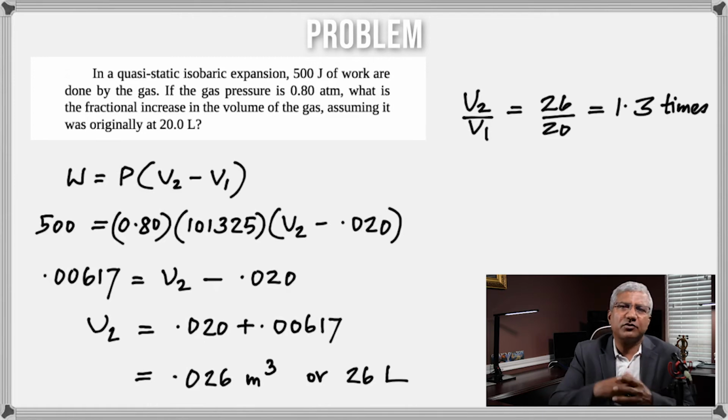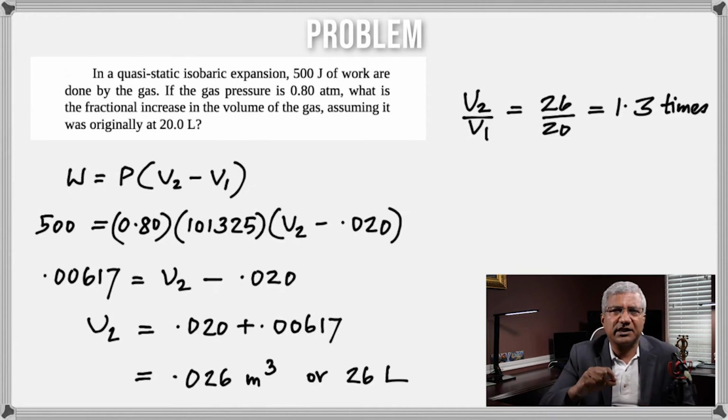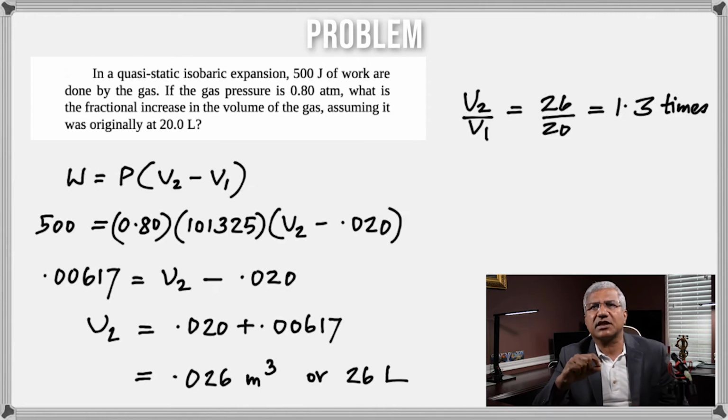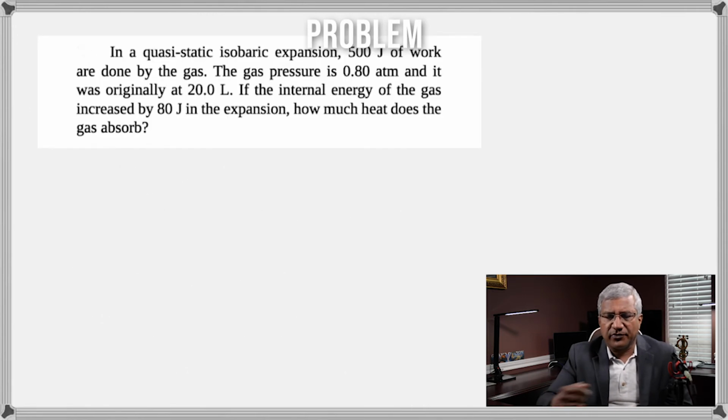So actually the volume increased about 1.3 times. So remember, we use the formula for work done in an isobaric process. It's just pressure times change in volume. That's how we do that. Let's look at the next one. In a quasi-static isobaric expansion, again, it's an isobaric process.